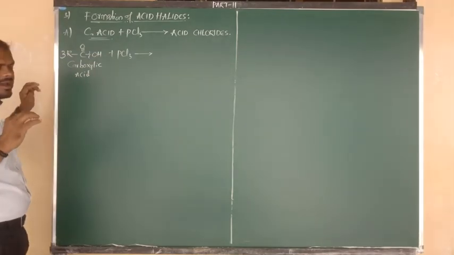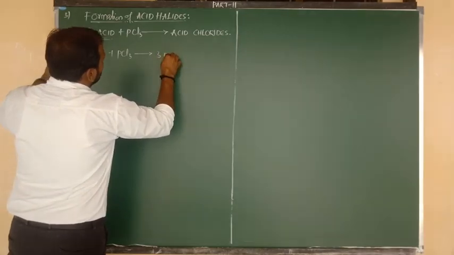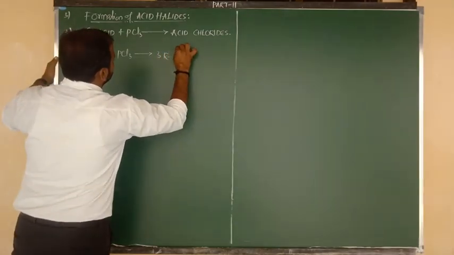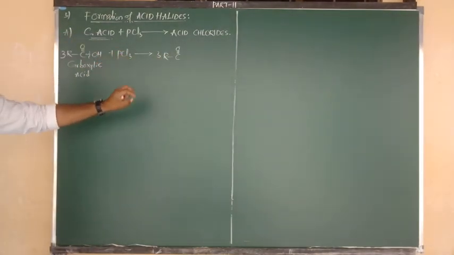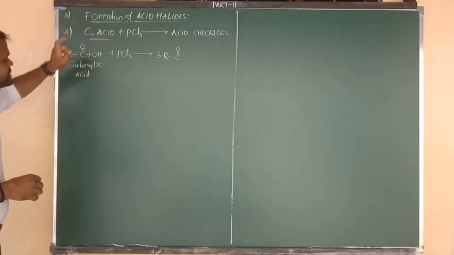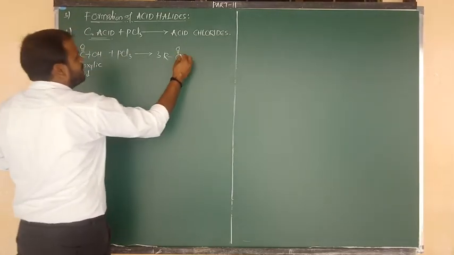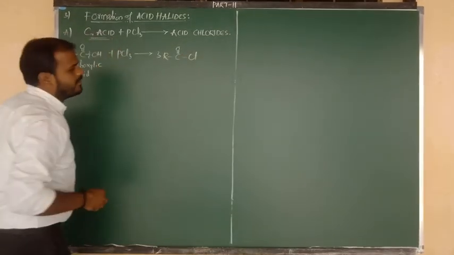So we write three moles of R bonded to C double bond O, the same acyl group, and the OH in the carboxylic acids, due to C–O cleavage, is replaced by Cl.